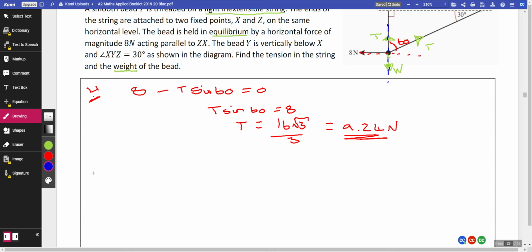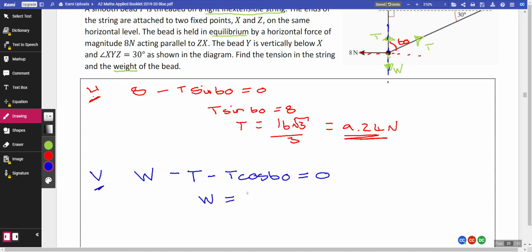Looking vertically, so we've got weight acting downwards, tension acting upwards in the opposite direction, that's that first one that's acting along that line, and then this T needs resolving because it doesn't act on either line, and it's acting in the same direction as this one, so I've got T cos 60 minus W is equal to 0.